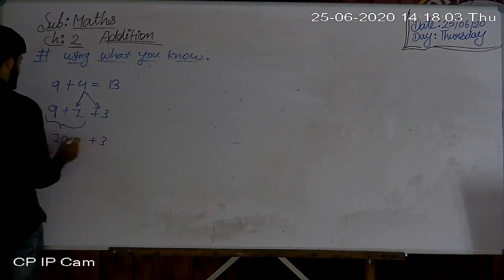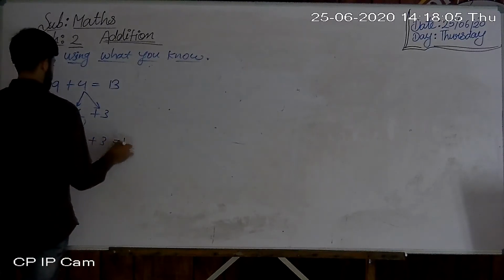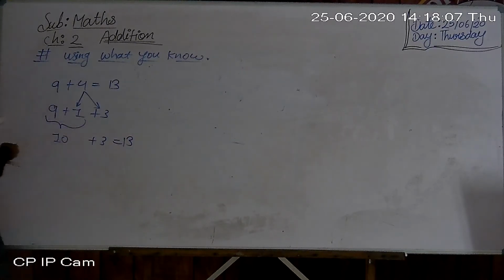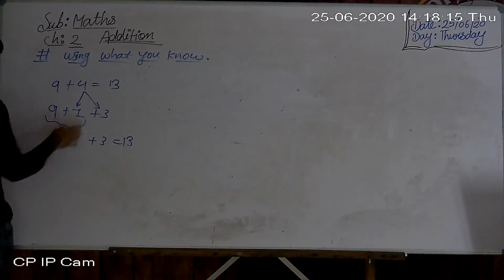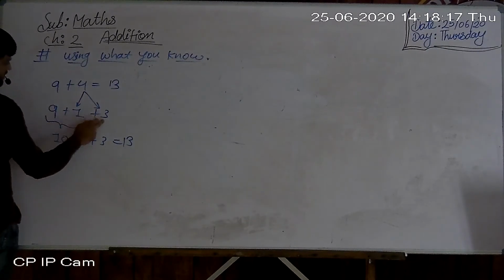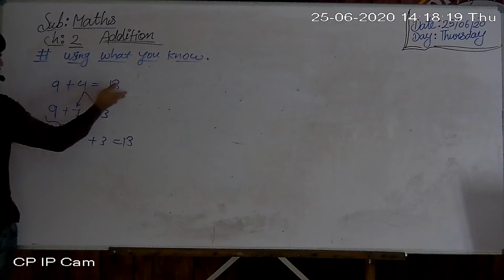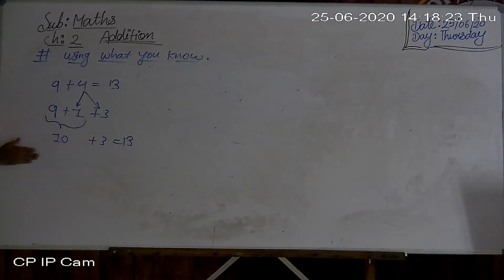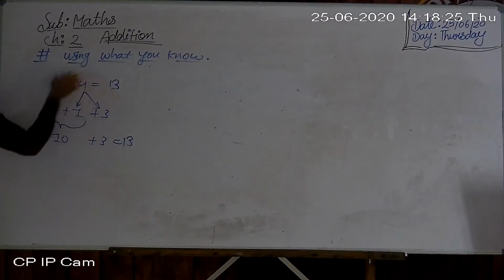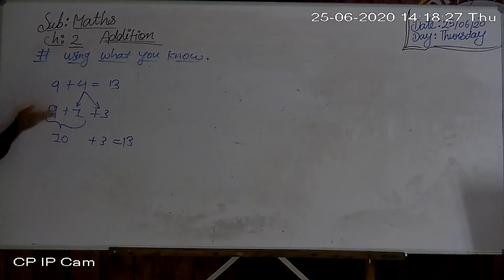Then again 10, 10 plus 3, again a 13. Okay. It's your answer using what you know. You know how to make a 10. So 9 plus 1, 10 plus 3, 13. 9 plus 4, 13. 10 plus 3, 13. Same way. See now, what is the answer here? Same answer but a different method.